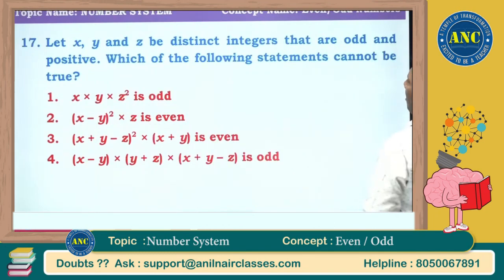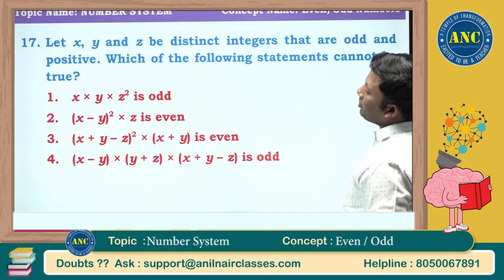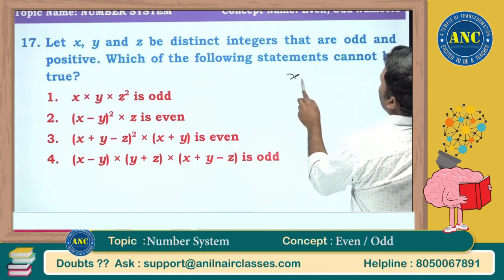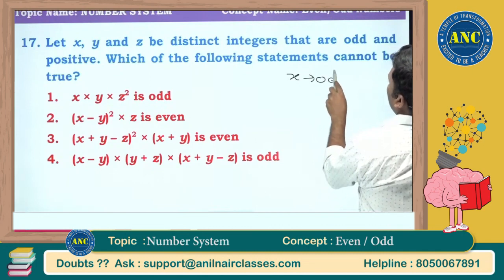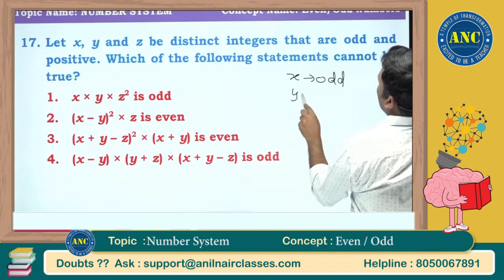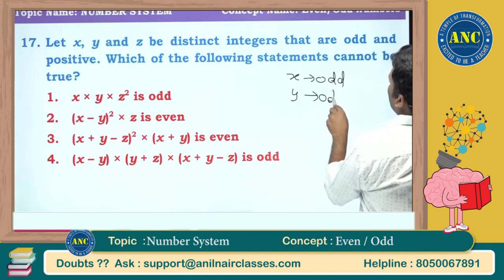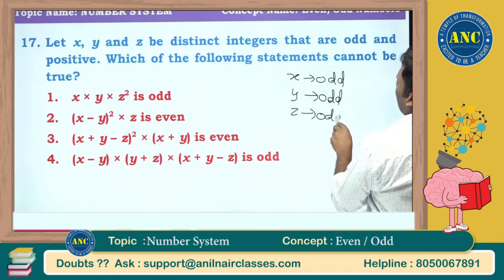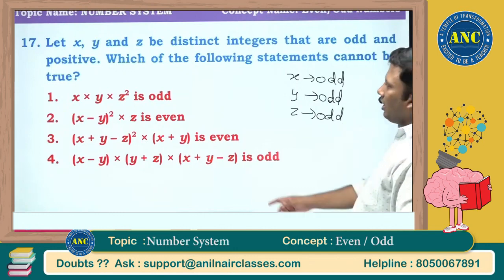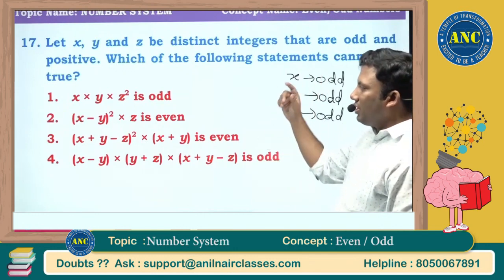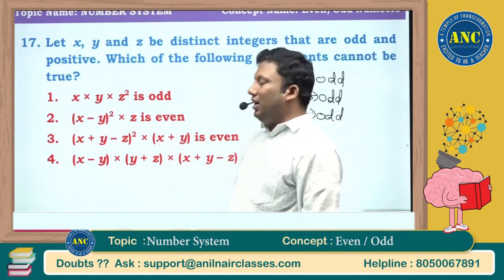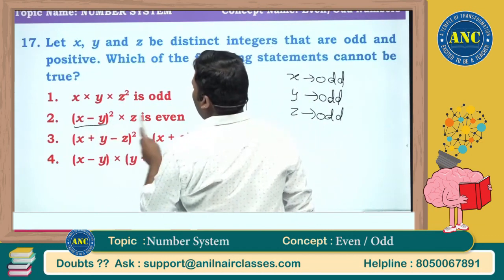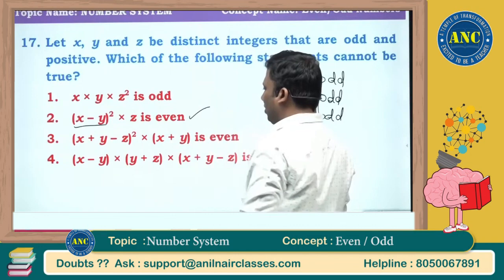What is given? 17th question. Let x, y, z be distinct integers that are odd and positive. X is an odd number. Y is an odd number. And z is also an odd number. Which of the following statements cannot be true? Second option, odd minus odd is even, definitely true.